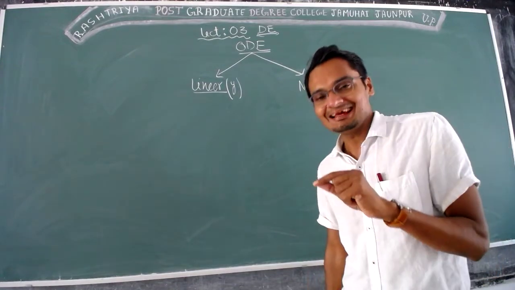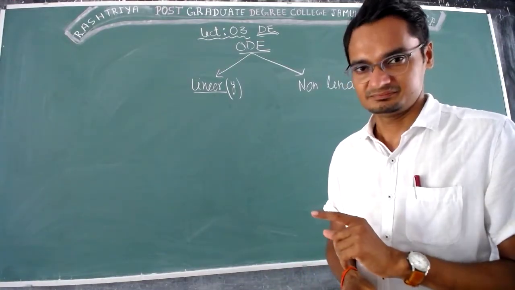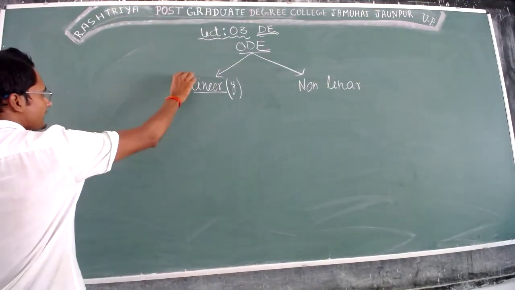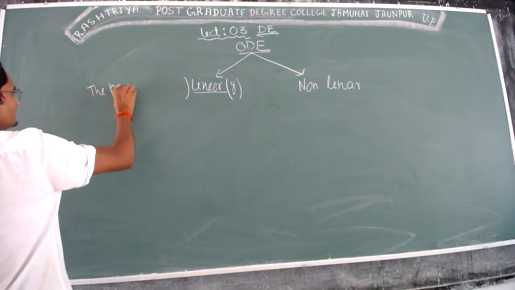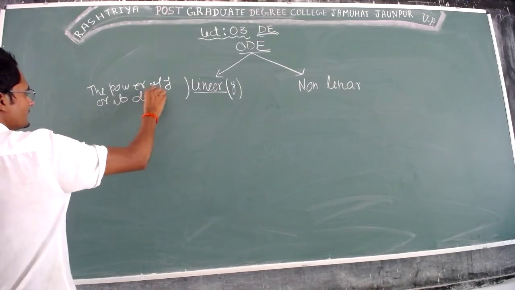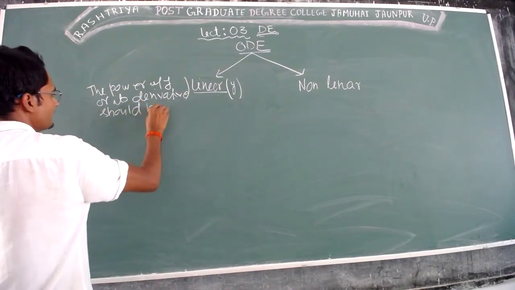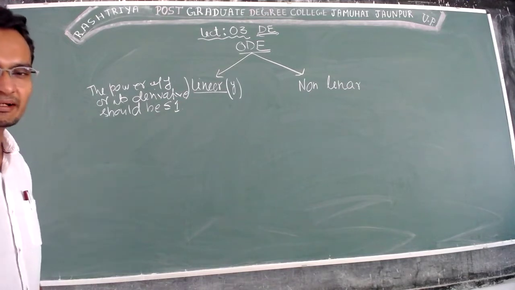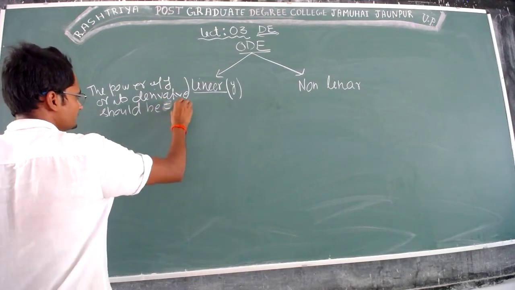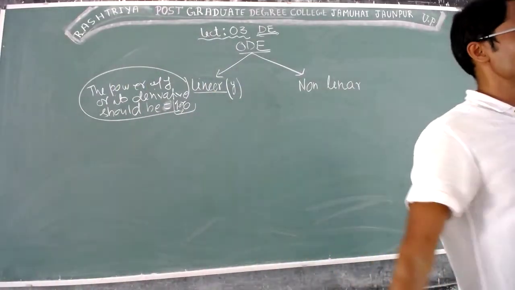The power of y and its derivatives, y dash, must be 0 or 1 only.